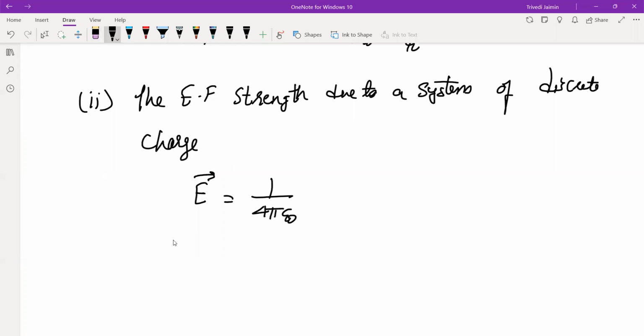1 by 4 pi epsilon naught, same way, summation of i equals to 1 to n, qi by ri cube, ri vector. Position.